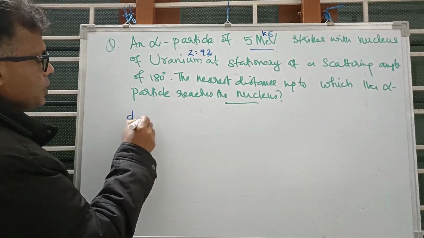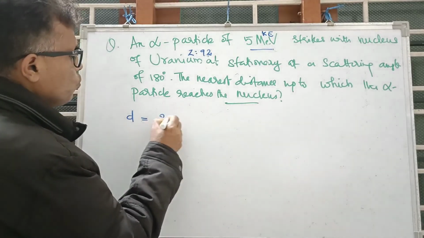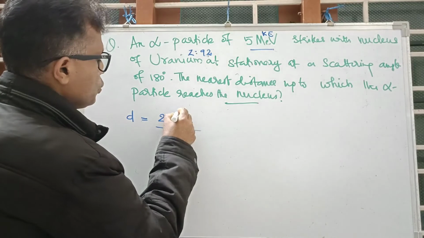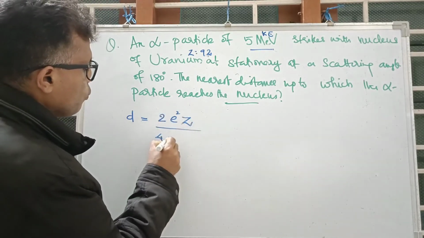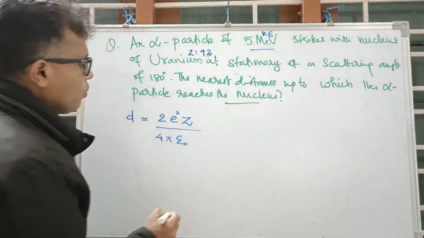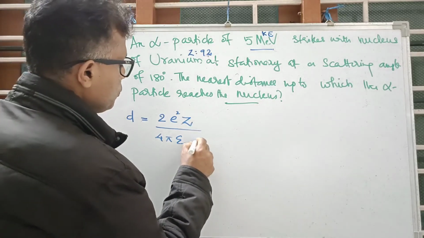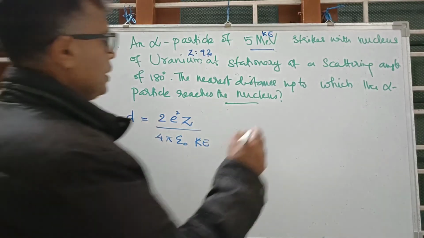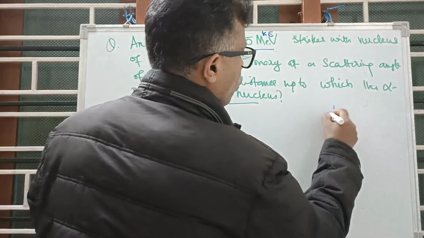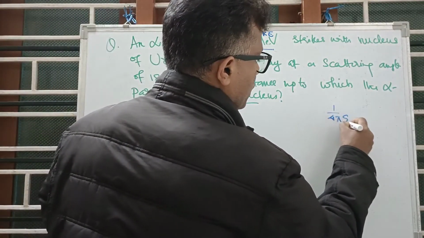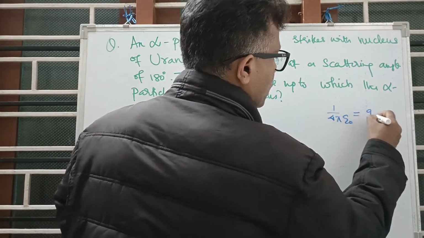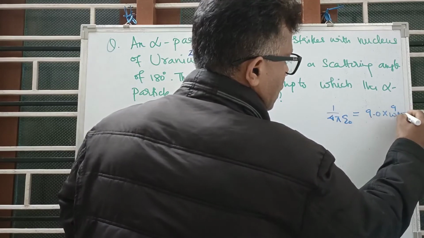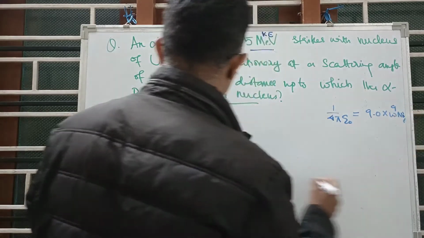D is equal to, we know the equation, 2E square Z divided by 4 pi epsilon 0 into kinetic energy. Okay, so we'll just do everything here. 1 by 4 pi epsilon 0 is equal to 9.0 into 10 raised to 9 Newton meter square per coulomb square.